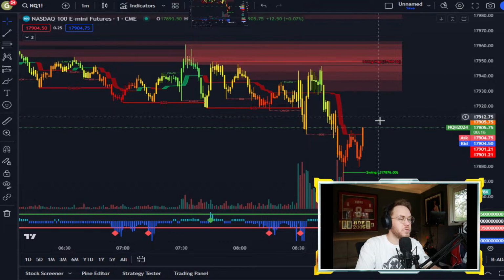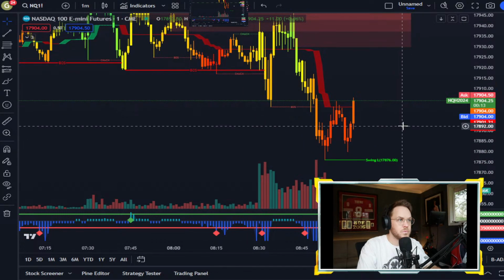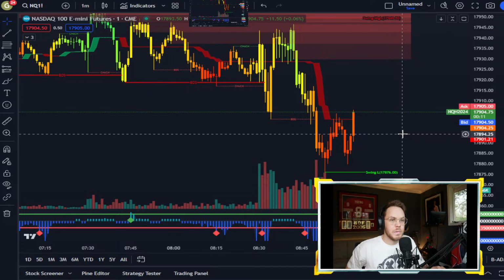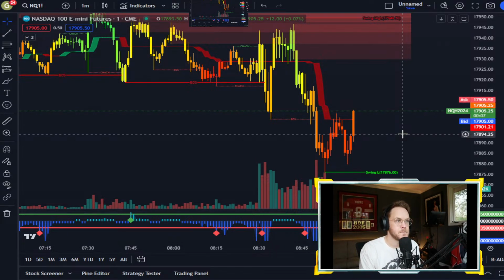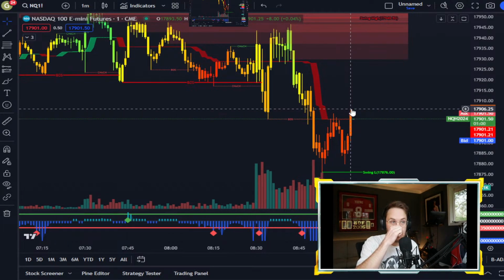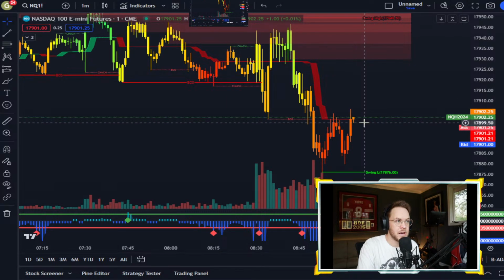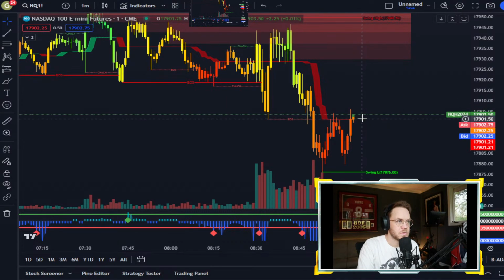Okay, so far we're breaking up through that level. If we do, we kind of have unlimited room to run to the upside. Right now it's really trying. We'll see if it actually does.